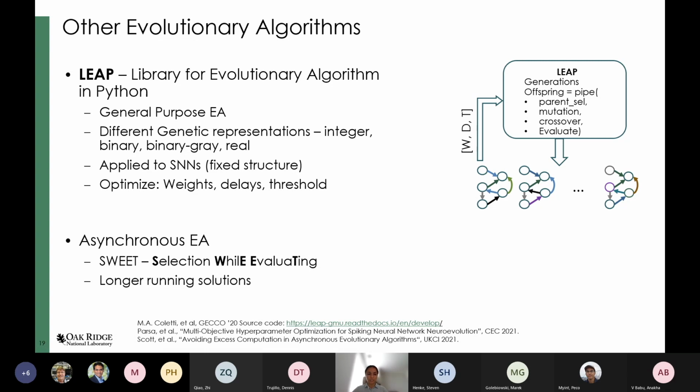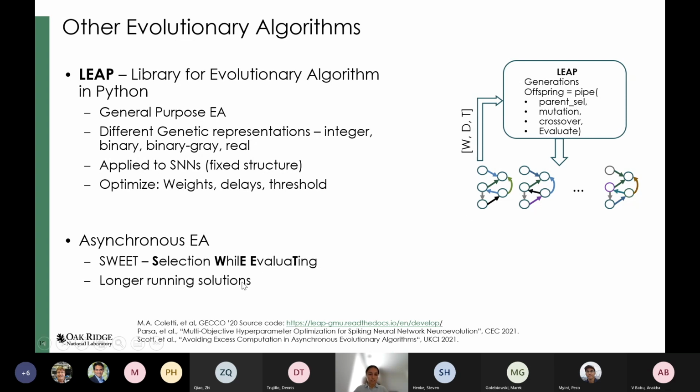Rather, in the asynchronous EA, depending on which of the populations has finished early, that can be chosen as the parent for the next generation.